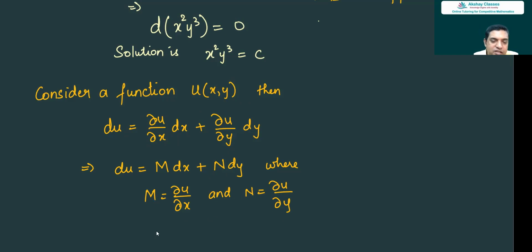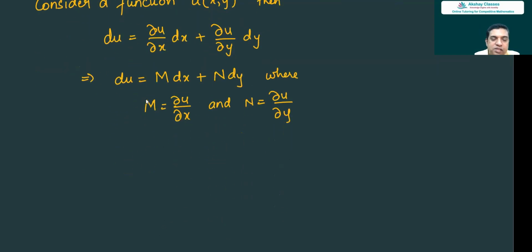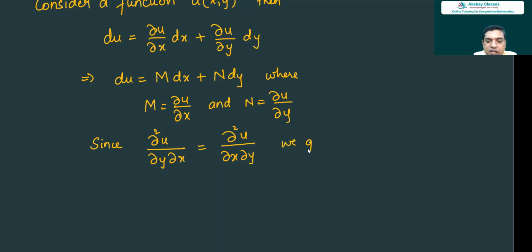Now we know, since dou square u by dou y dou x is equal to dou square u by dou x dou y, we get, what did I do? Differentiate dou u by dou x partially with respect to y. So I get dou m by dou y is equal to dou n by dou x.